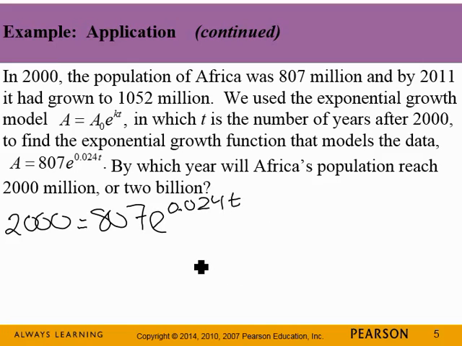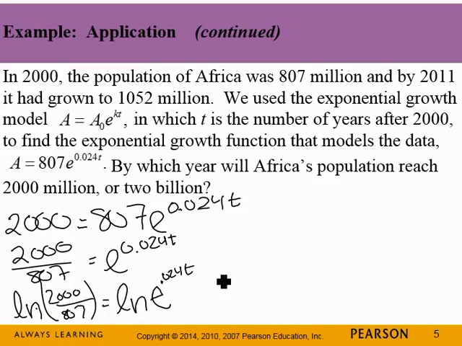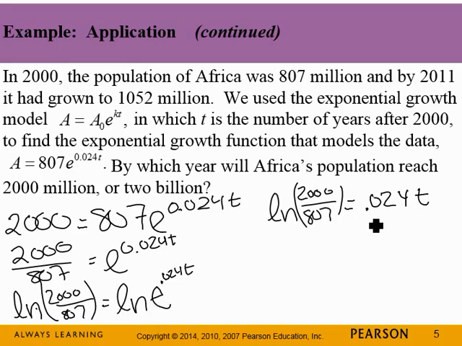And we're going to solve for t. So now we got here, we're just going to divide both sides by our 0.024.